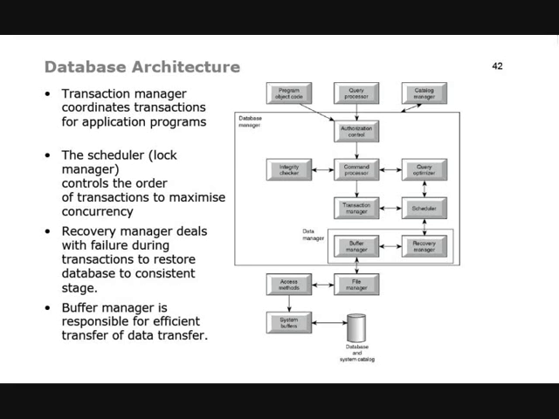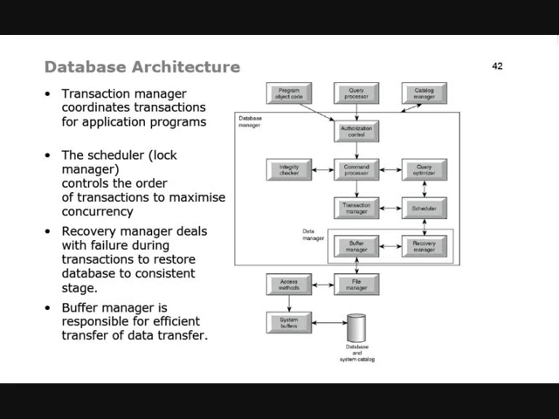So once there is a strategy decided by the query optimizer and the scheduler has scheduled operations, then the next part of it is what we call the data manager. It is going to take care of the recovery mechanism, because every transaction that executes must be either executed completely or fully reversible. It has to leave the database in a consistent state.